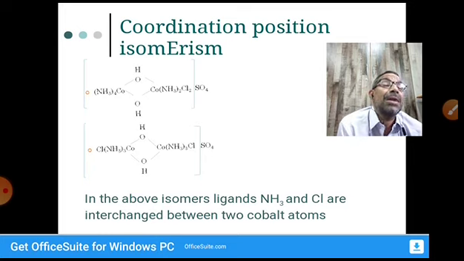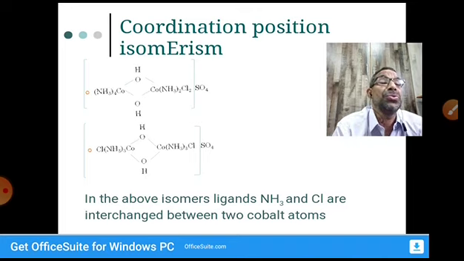Linkage isomerism comes with a similar ligand coordinated through different atoms. Then coordination isomerism and coordination position isomerism. So all these 5 types we have learned with examples.